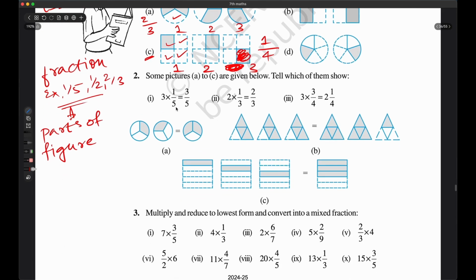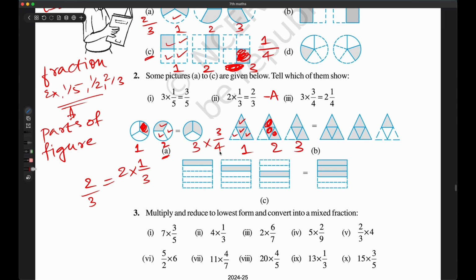Question number 2, that is we have to map the following figures. So first figure A represents parts. Total there are 1, 2, 3 and 4 parts, and out of 4 parts we are choosing 1, 2 and 3 parts each time and repeating the process 1, 2 and 3 times, that is equal to 3 into 3 is 9 divided by 4.